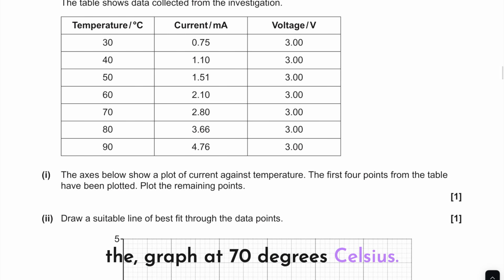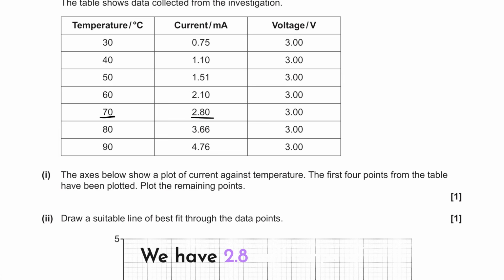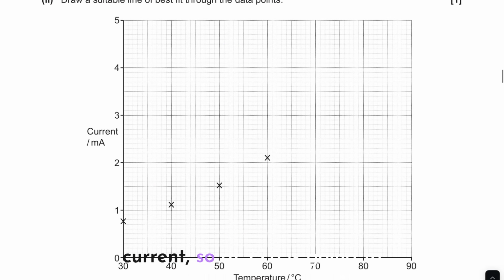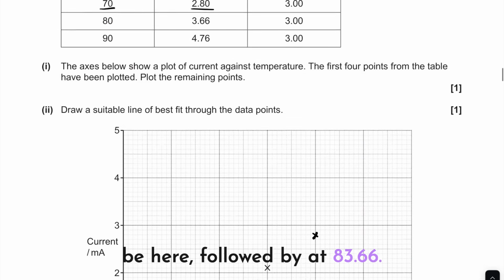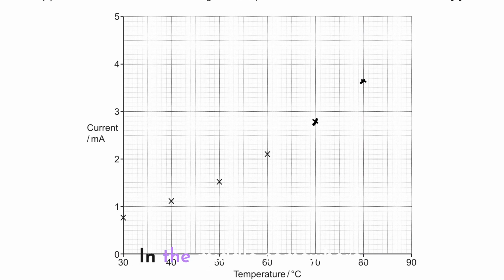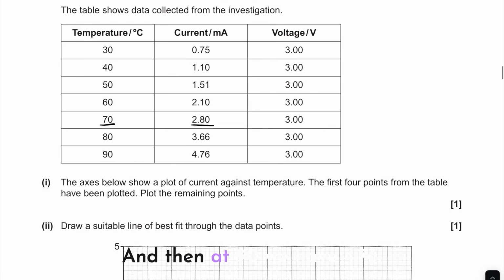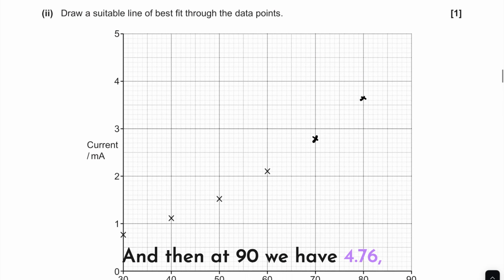At 70 degrees Celsius, we have 2.8 milliamps of current. So at 70, 2.8 is going to be here, followed by at 80, 3.66 in the middle somewhere. And then at 90, we have 4.76.